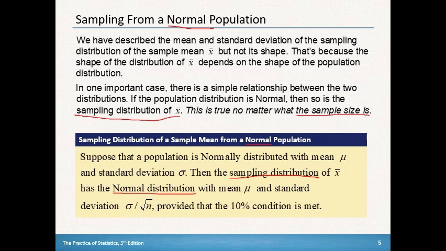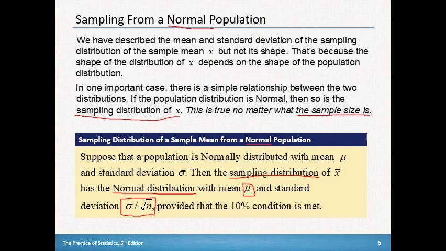Now, regardless of the shape of our sampling distribution, we know that the sampling distribution will have a mean equal to the population mean, and that's because X bar is an unbiased estimator. And the third thing is that the standard deviation of the sampling distribution will be the population standard deviation divided by the square root of n.